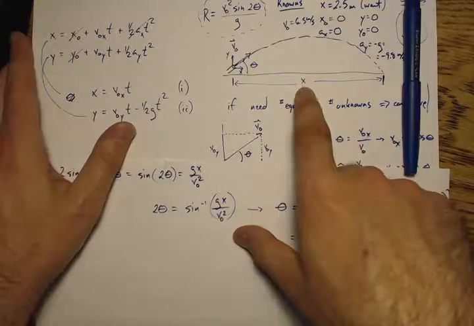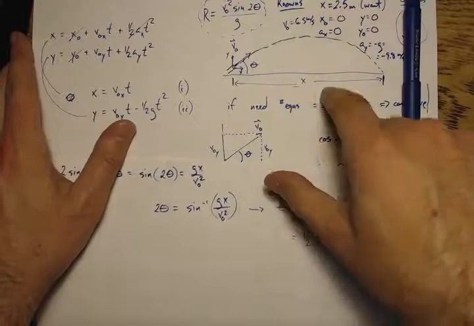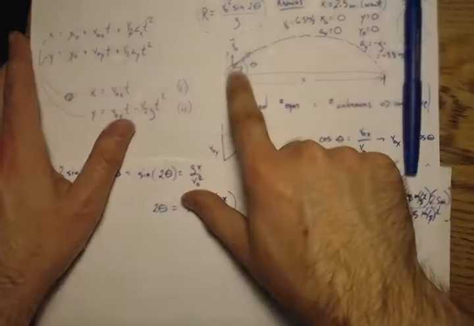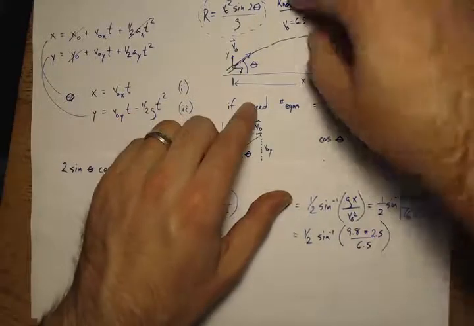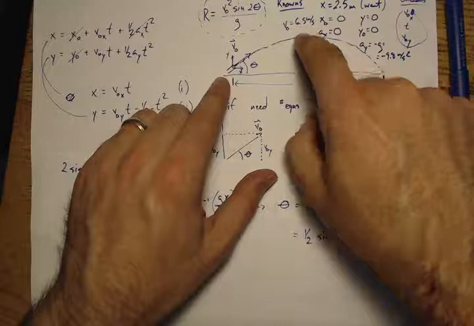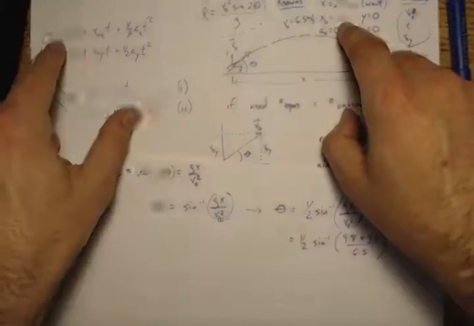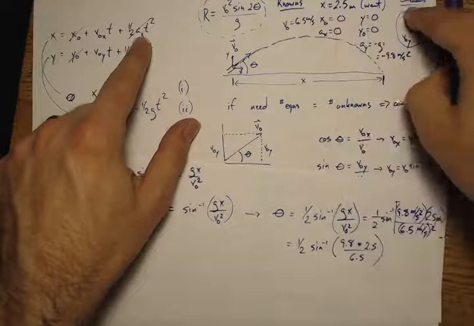So I recommend things like x and y and r for positions. I'm going to draw my coordinate axes, and then I'm going to make a list of what the problem gives me in terms of my variables. So v naught is equal to this, x is equal to this, x naught is equal to this. I'm going through systematically and saying which of these do I know and which do I not know.